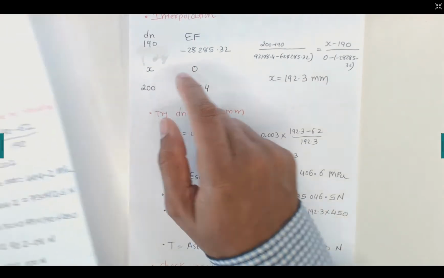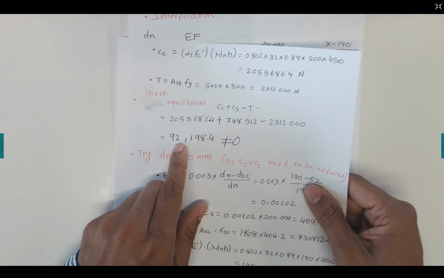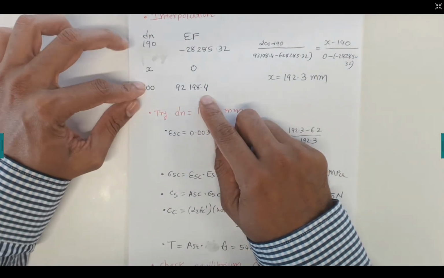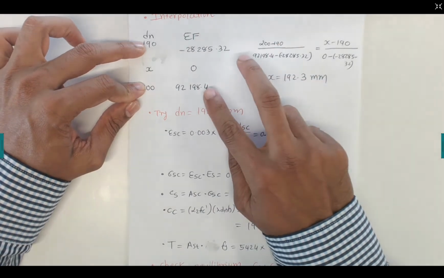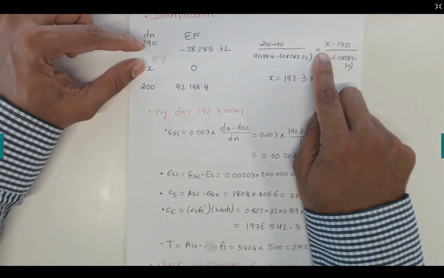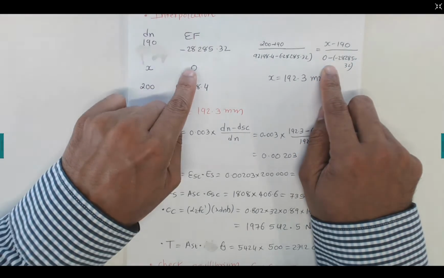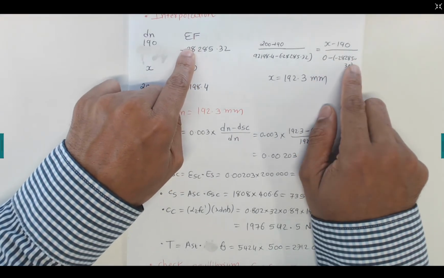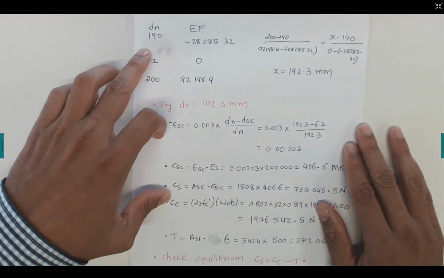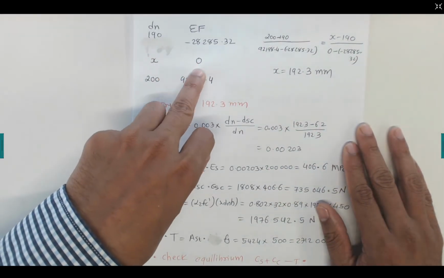We have the value for 200, so we can interpolate 200 minus 190. Similarly, this minus this one equals x minus 190, respectively 0 minus this force. That gives us 192 millimeters, which is the DN value when the sum of the force is 0.